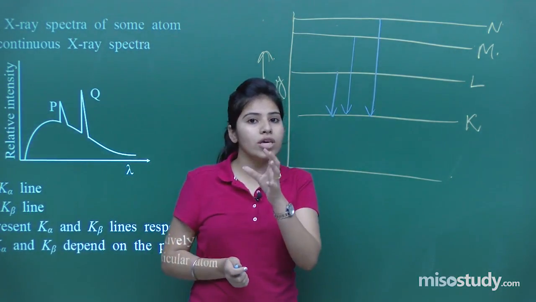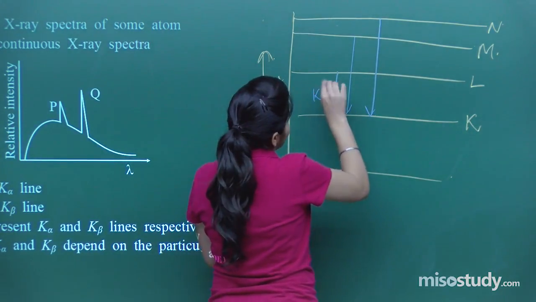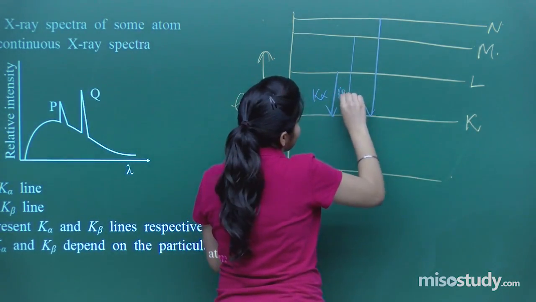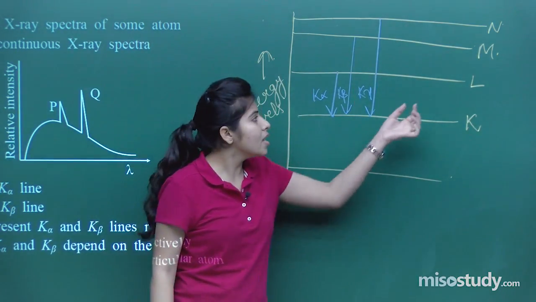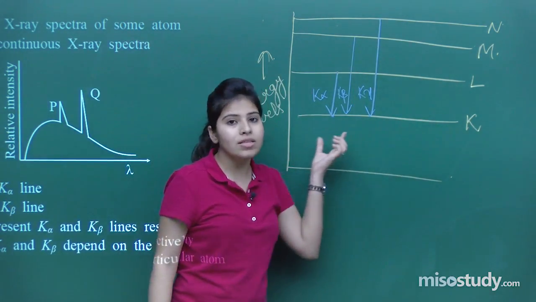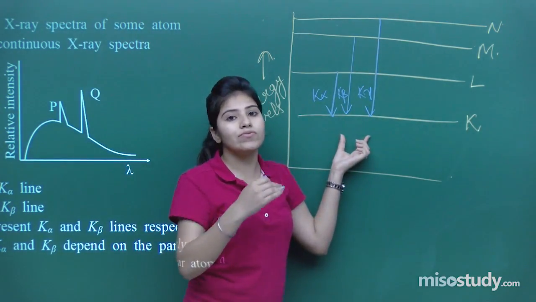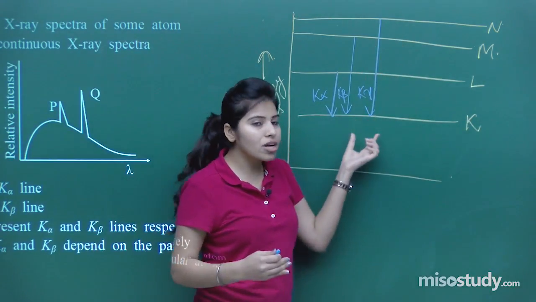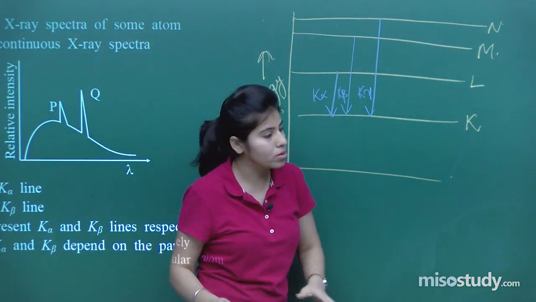Now if I am talking about alpha, beta, gamma, this will be K alpha, this will be K beta and this will be K gamma. That means if it is coming from the L shell, that will be K alpha. If it is coming from the M shell, that will be K beta, and if it is coming from the N shell, it will be K gamma, and so on.